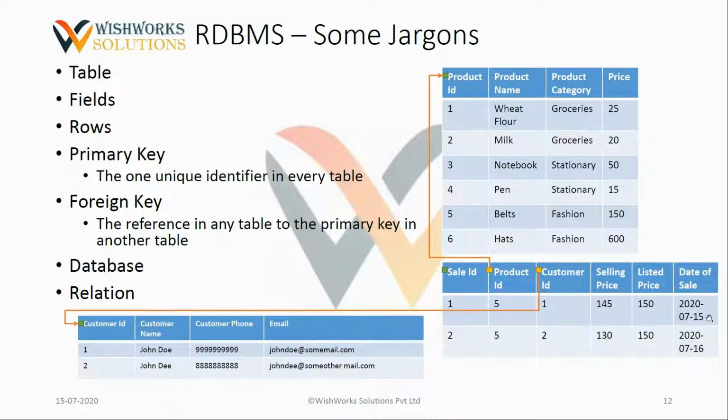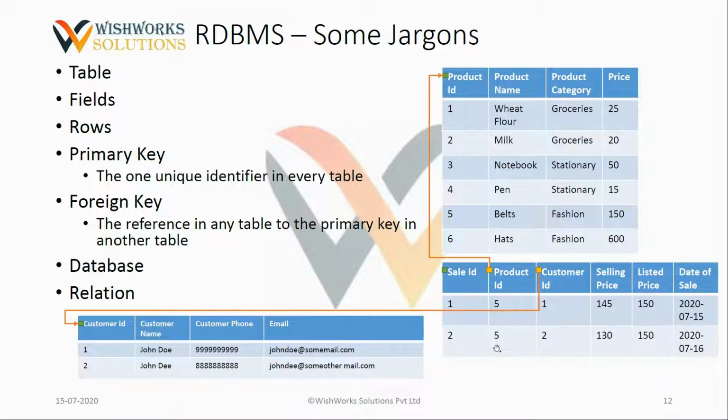Now in this table, if you see, there is a field which references the unique identifier of another table. Like this product ID is referencing the unique identifier of the products table. Similarly, customer ID here is referencing the unique identifier of the customers table. So these fields are called foreign keys. Foreign keys can have values repeating, like 5 and 5.